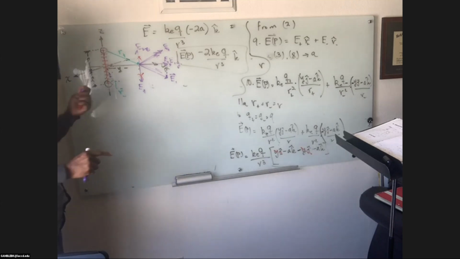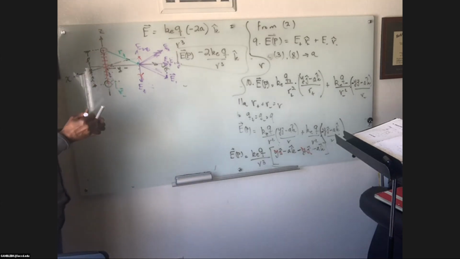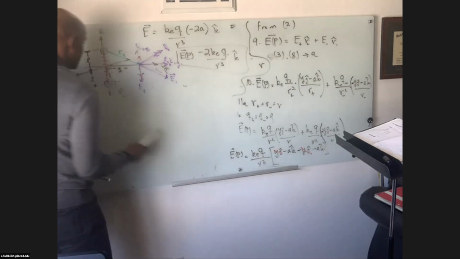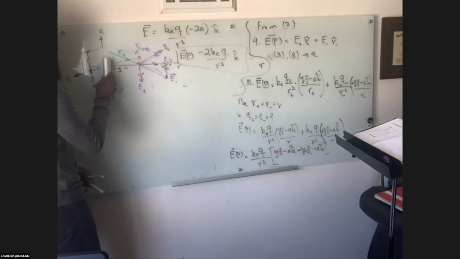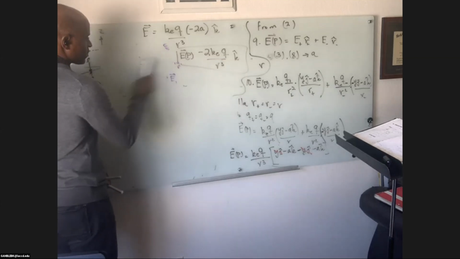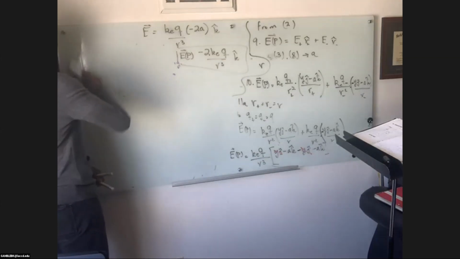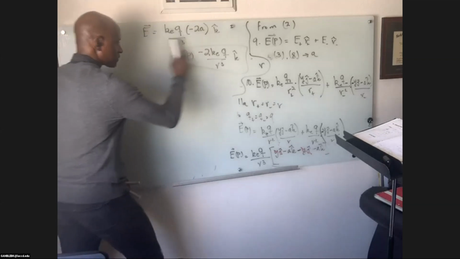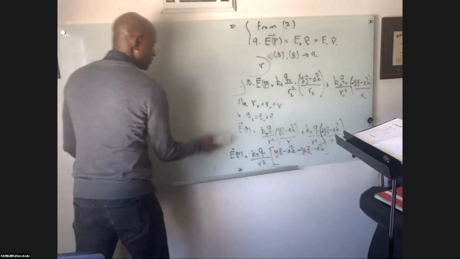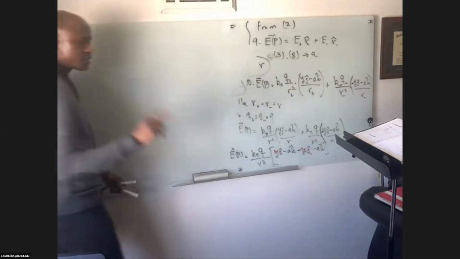Well, I don't actually have point charges. What I have is a continuous line of charge. Let me draw that, it's getting kind of messy. But the symmetry and the physics is the same.